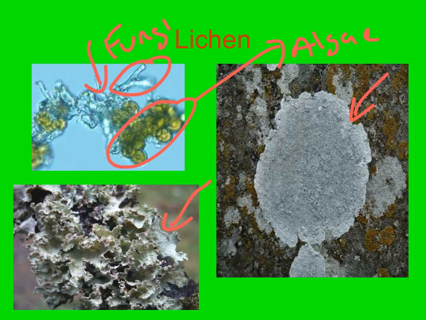Now, these guys can live in just inhospitable places because they provide each other with what they need. The algae provides some of the food and the nutrients that the fungus needs to survive, and the fungus in return provides support and attachment. It also provides moisture and some of the additional nutrients the algae would need. And so together, they actually benefit each other, and they create this incredible organism called the lichen.